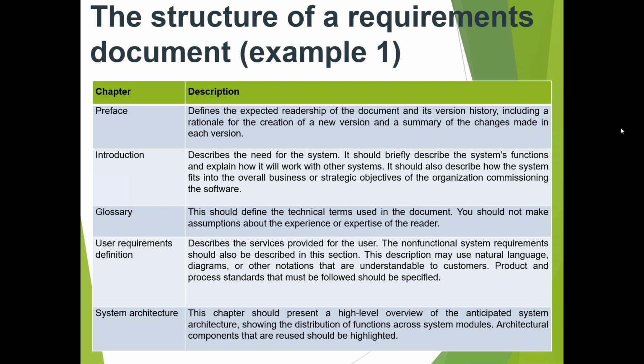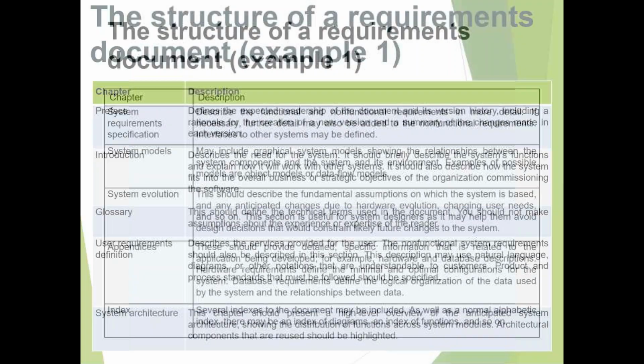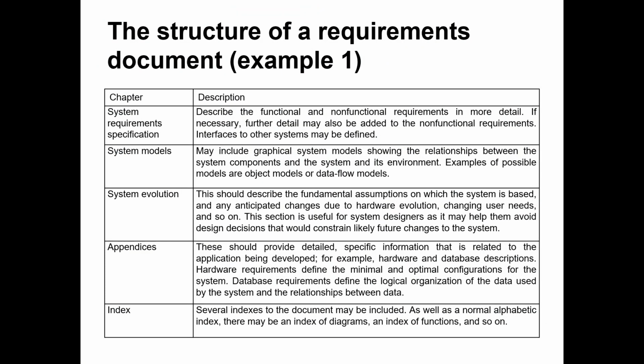All right, so this is one example of the structure of the requirements document. Very straightforward. The chapters include the preface, the introduction, glossary of terms, user requirements, definitions, systems, architecture, the requirements, specification, models, evolution, appendices, and indices.